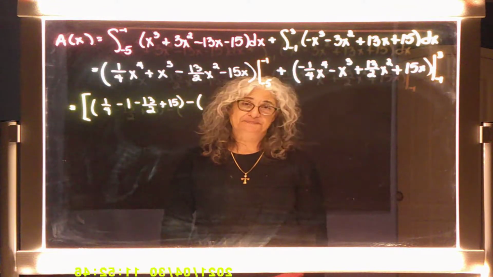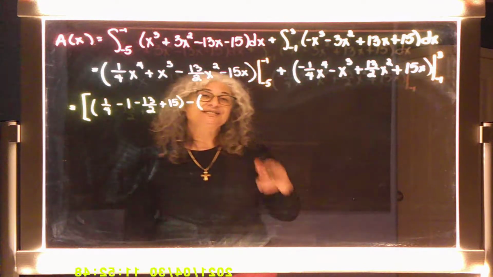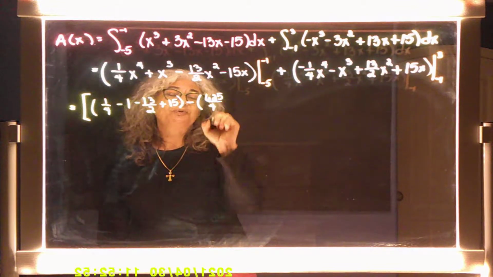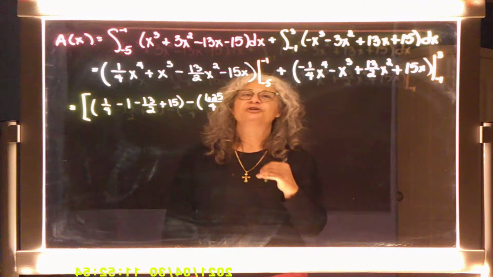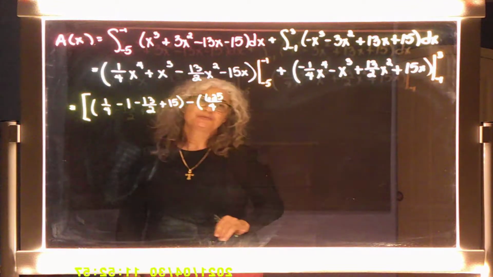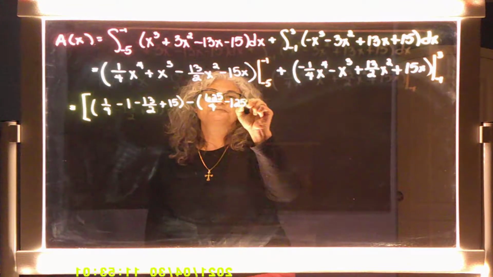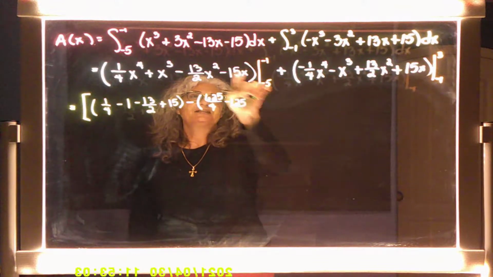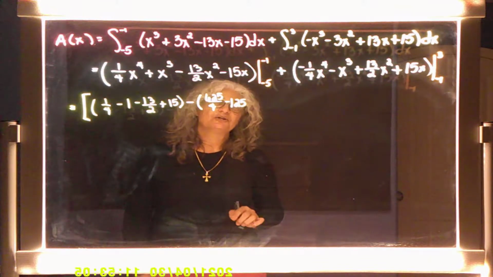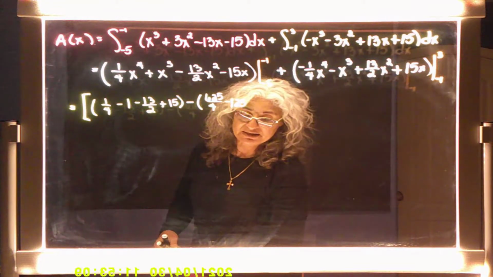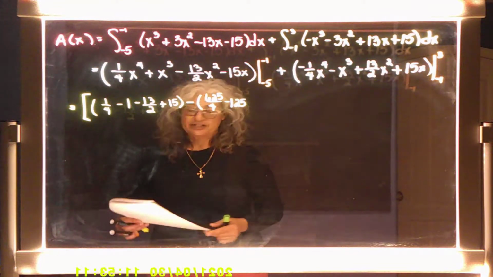What do you guys get? Good. 625. So that's going to be 625 over 4, isn't it? All right. -5 to the power of 3. Yeah, that's a -125. -5 to the power of 2. Well, that's a positive 25. So now I have a positive 25 times -13 over 2.